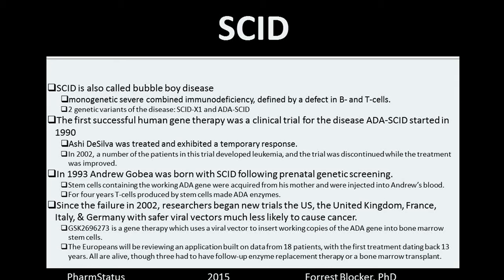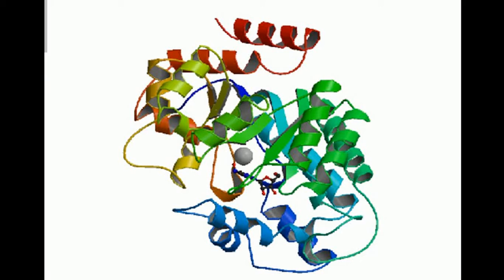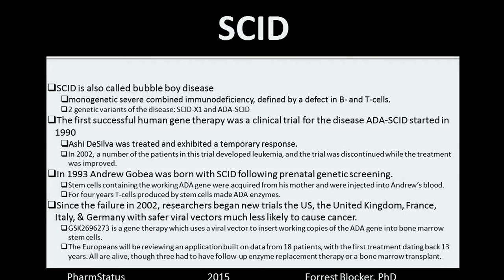So what they did was they saved cells from his mother's placenta and from the umbilical cord that contained her working copy of the ADA gene that is responsible for SCID, and they just injected those cells into his blood. For 4 years, his T cells produced the ADA enzymes that were required to stop this from becoming a disease.